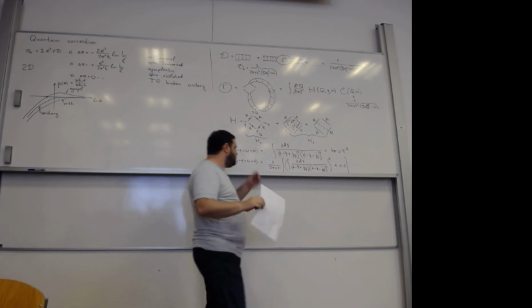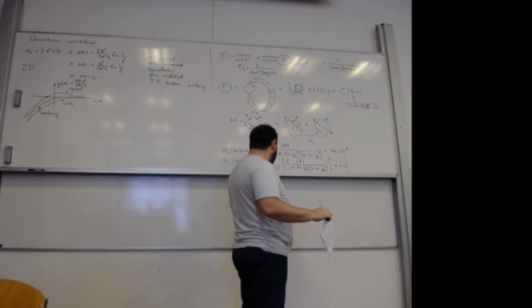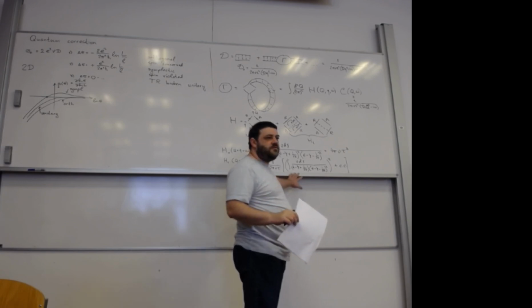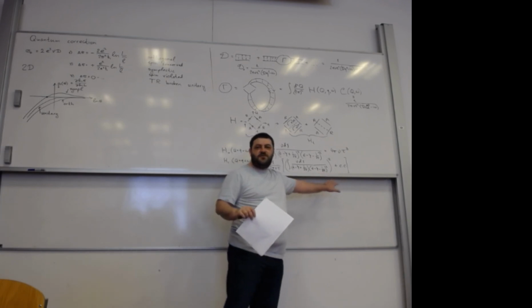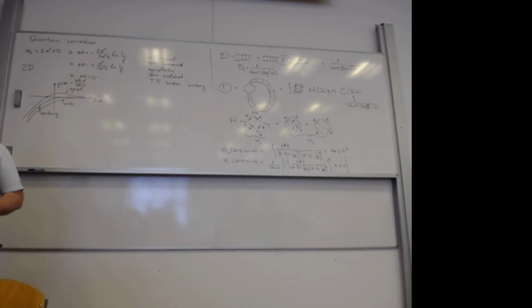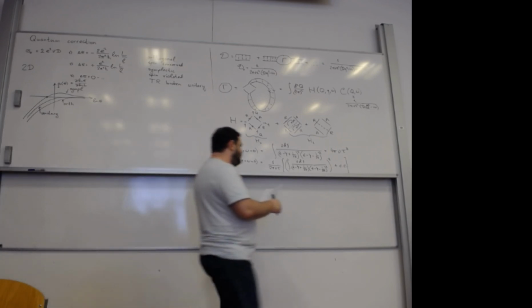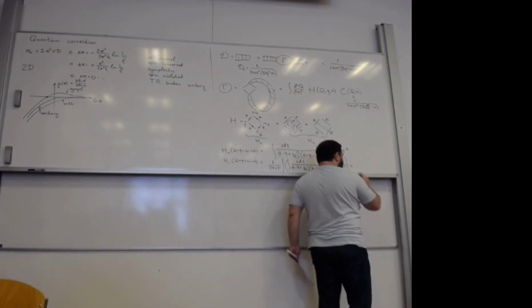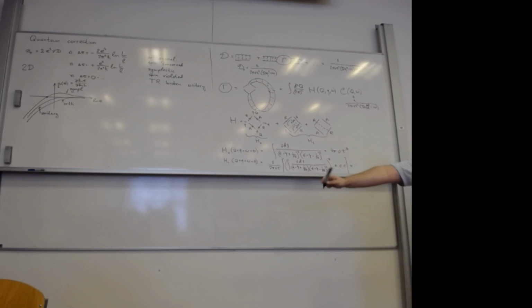Well, but actually, as far as I remember, this thing will be real anyway, so adding the complex conjugate will just multiply by 2. Now somebody tell me what the result is.